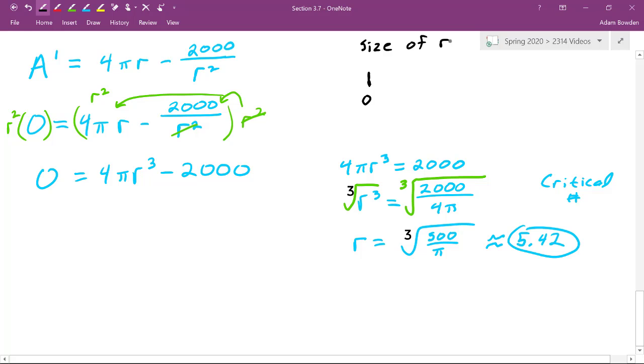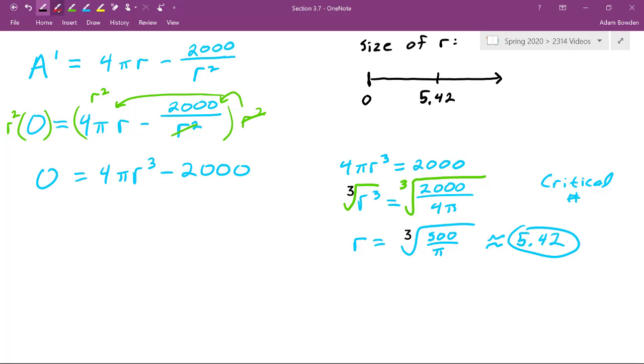So the radius can get close to 0 but never quite all the way, and then you can make the radius just keep getting bigger and bigger and bigger. For us, we have approximately 5.42 at our disposal.